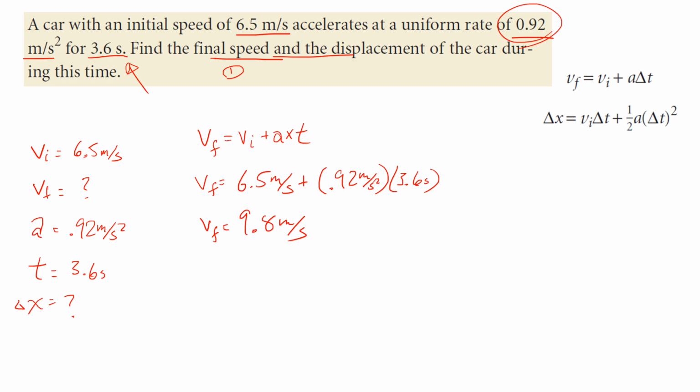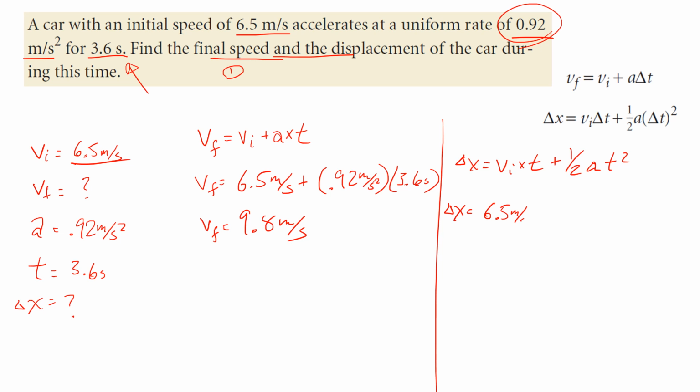Let's try the second half at least. To find the displacement, I do delta x is equal to V initial times t plus 1/2 a t squared. Again, just plugging in. Delta x is equal to our V initial, 6.5 meters a second, times our time, which is 3.6 seconds.